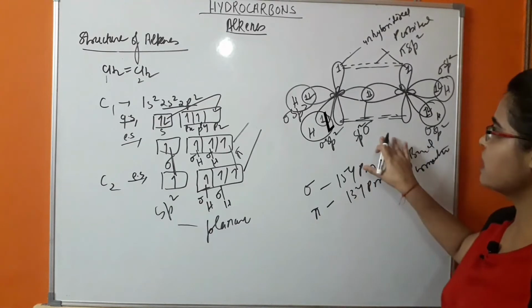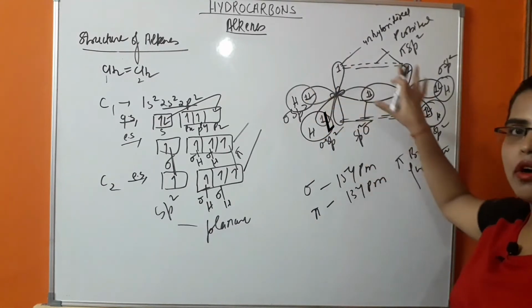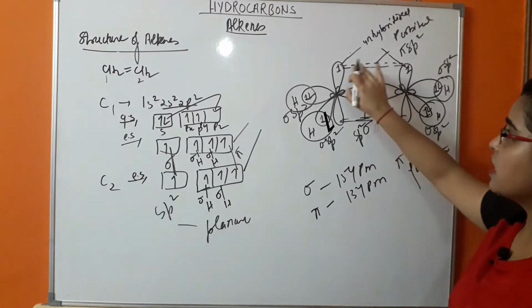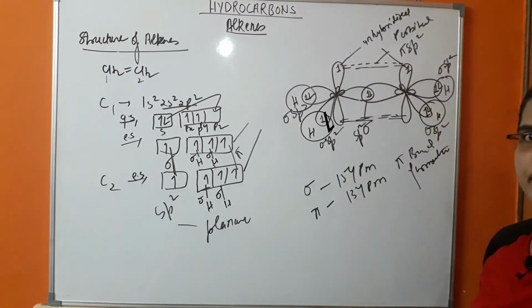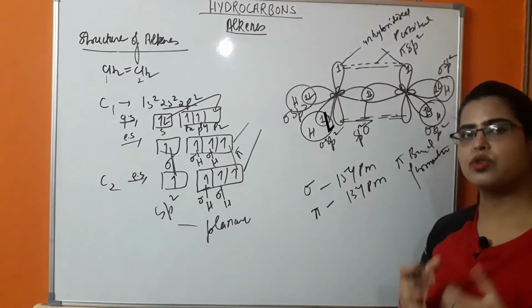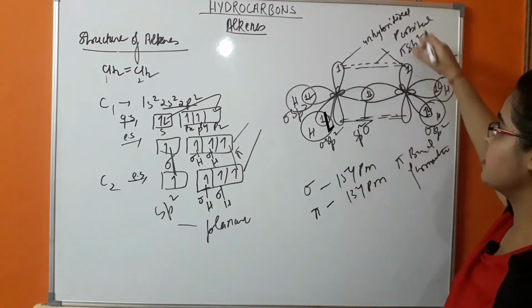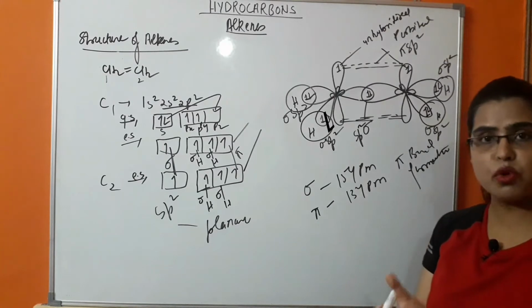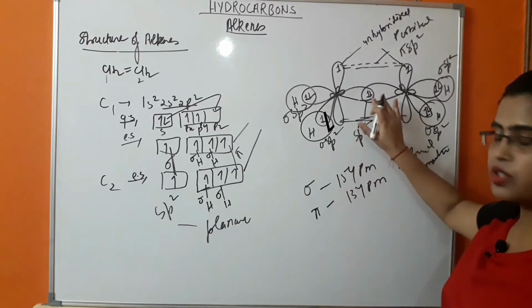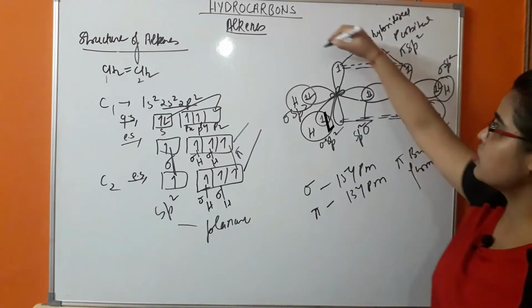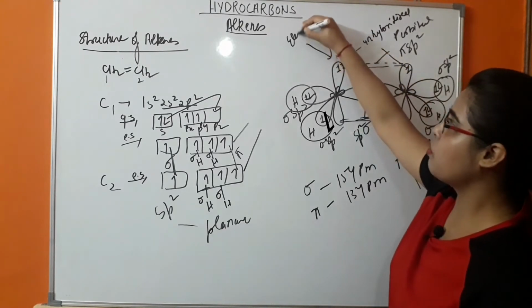The second point is that the reactivity of alkene is because of the pi bond formation, as there is no actual overlapping of orbitals taking place, due to which a free electron cloud is present. This electron cloud is much more free in comparison to the sigma bond. So these are electron rich, due to which they attract electrophiles.